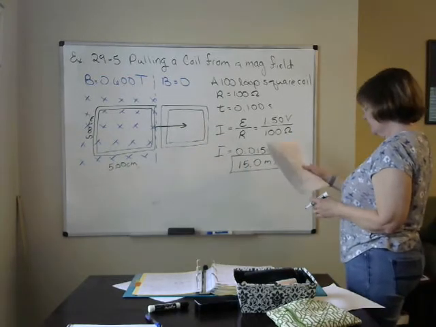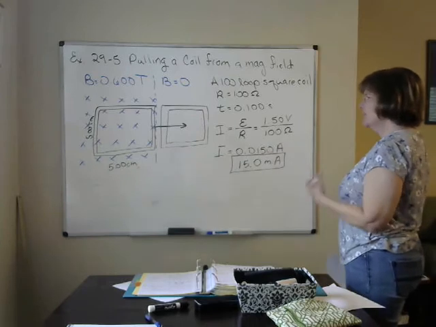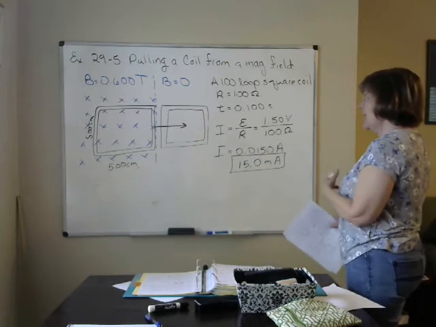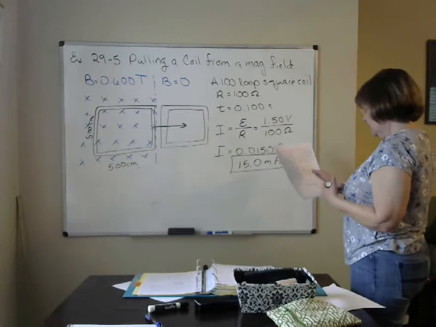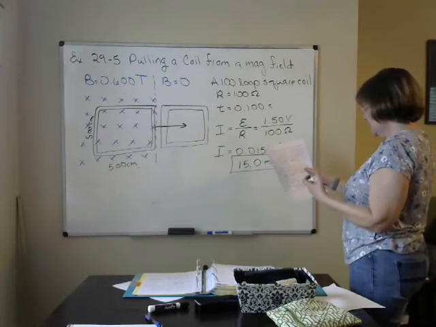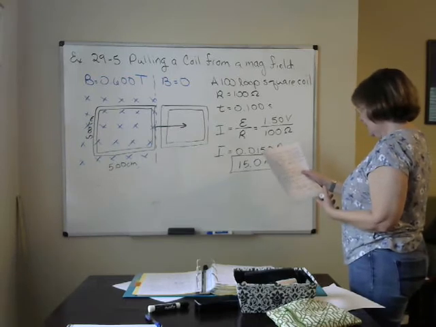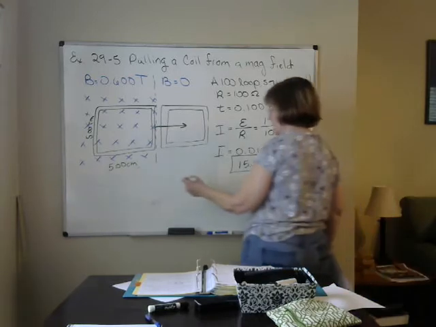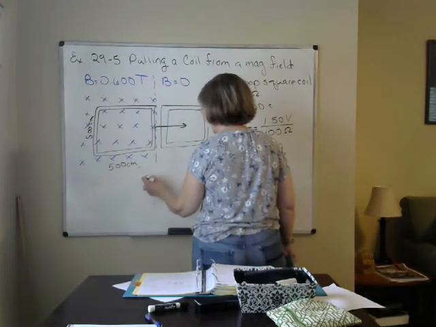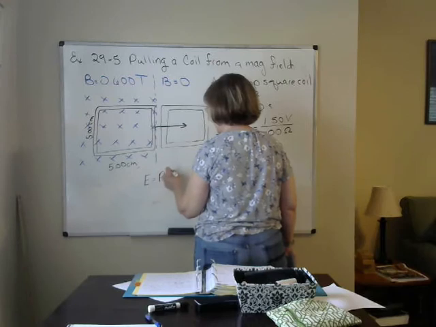The next question wanted to know how much energy was dissipated while this happened. Well, energy dissipated is power times time. So the energy is power times time.